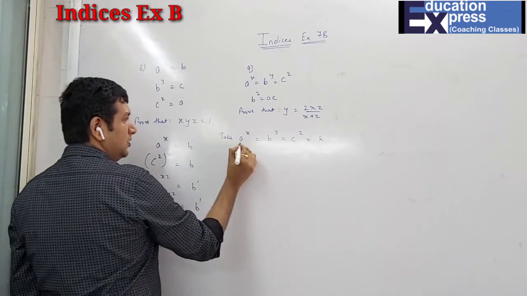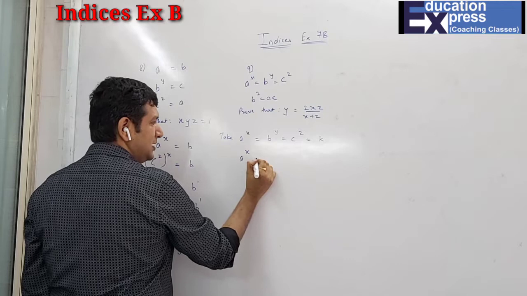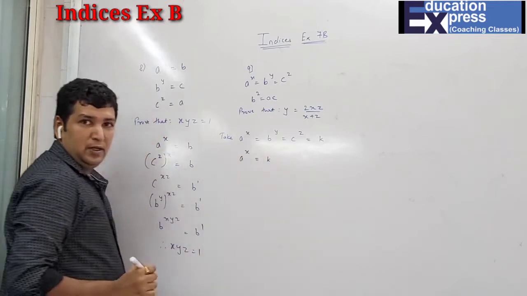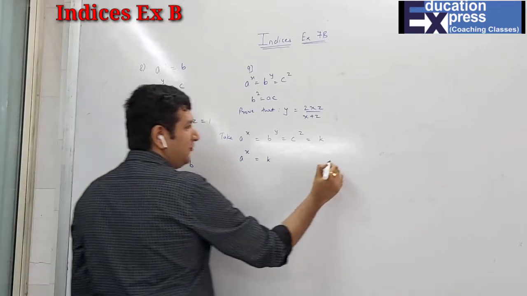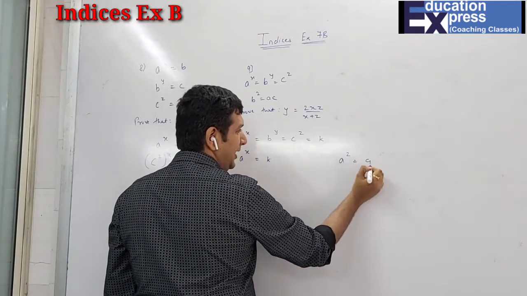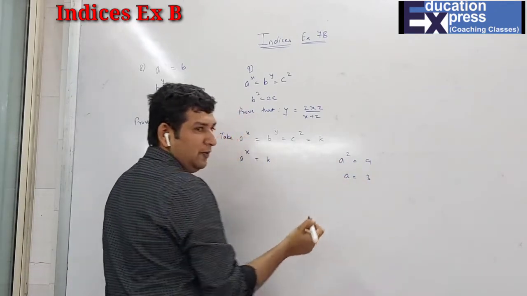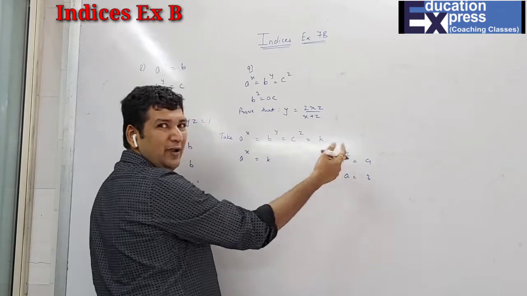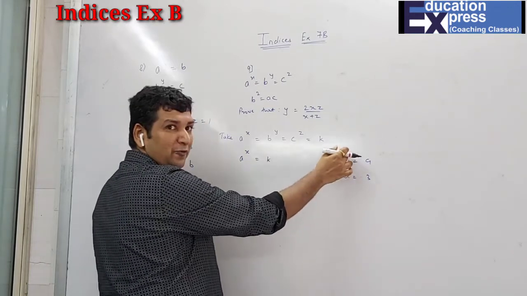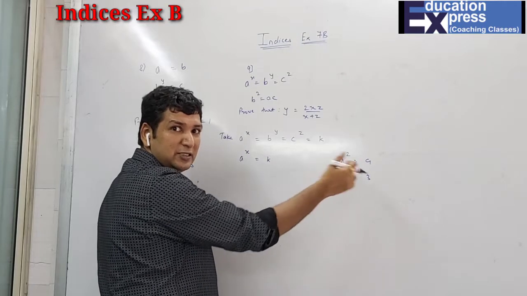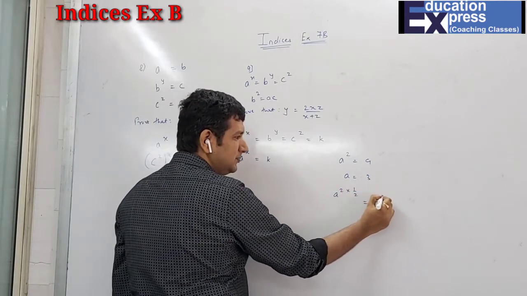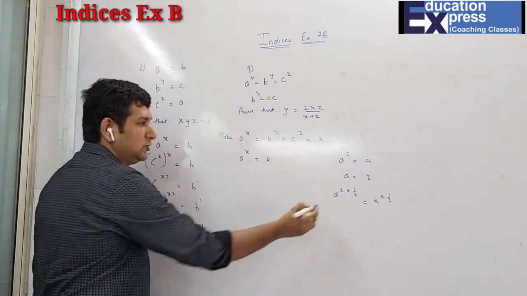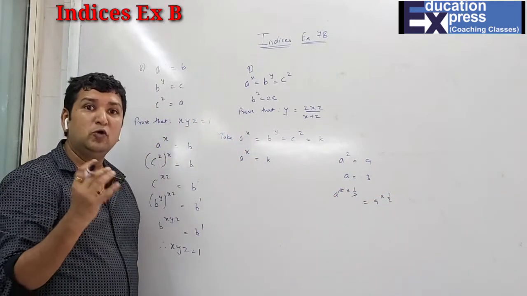So here a raised to x equals to k. I want to find the value for a. So in case if I have a square equals to 9, the value for a will be 3, because simply you just take the square root. So whatever is the power, if you take a root, you will get the answer for a.